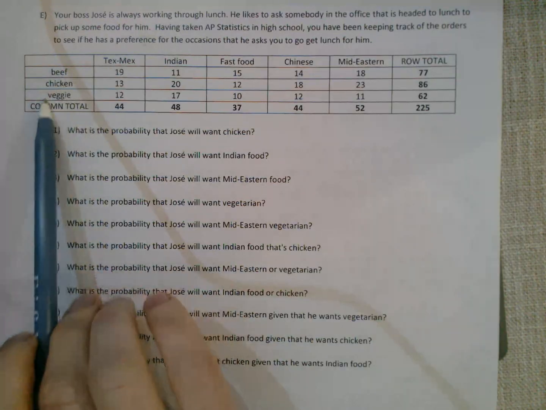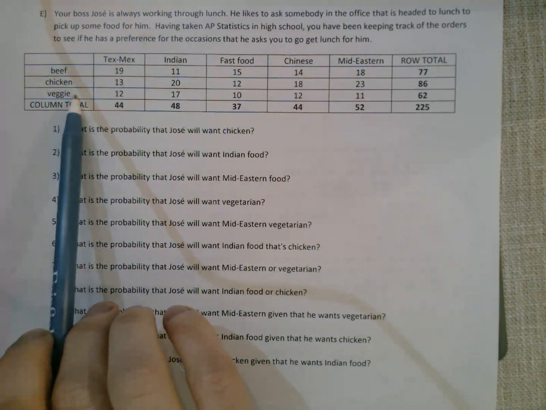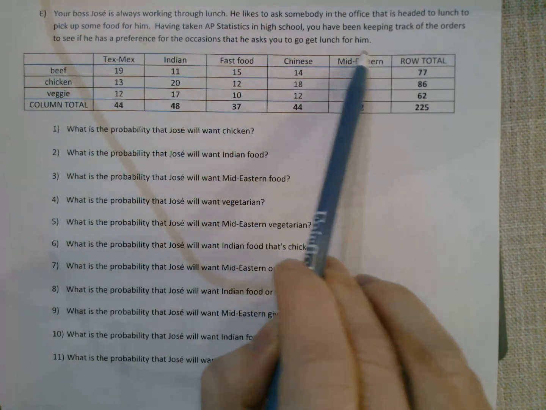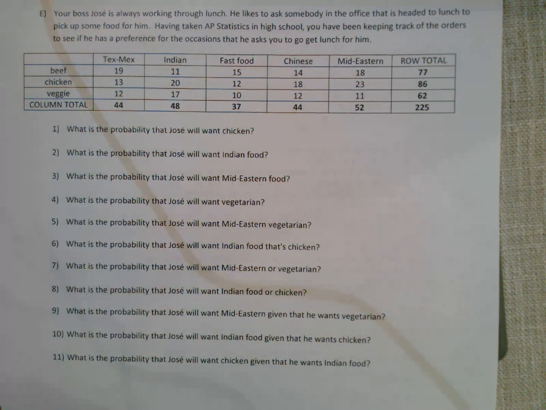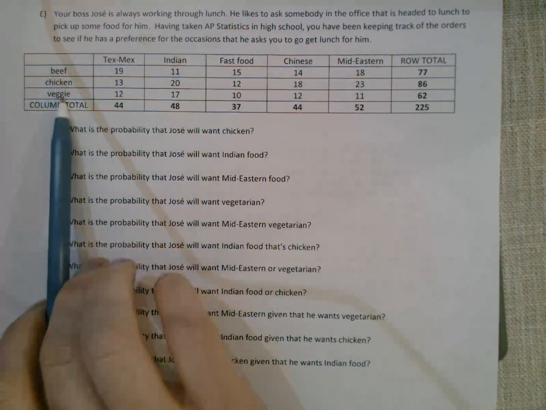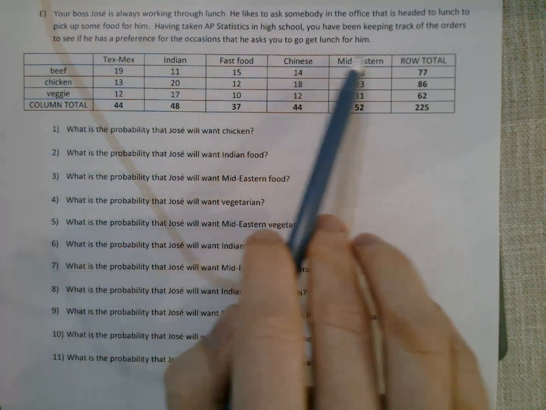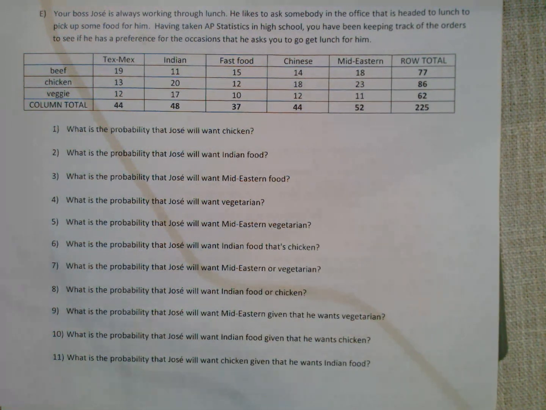We're looking at the type of food itself that was ordered, and we're looking at maybe the type of restaurant that was ordered from. And so when we set up this table, it's called a two-way table, and one of the events goes on the rows and one of the events goes on the columns. We use these two-way tables a whole lot in lots of different ways in AP Stats, but one of the most common ways is to use them to calculate probabilities.